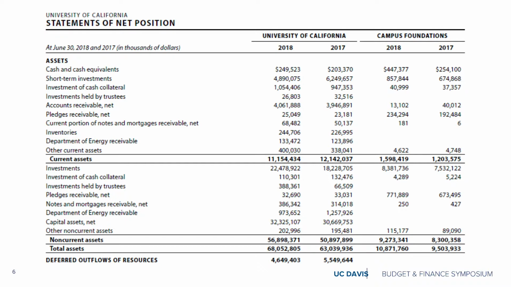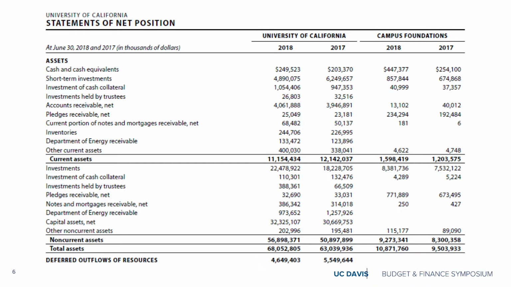We do have a large portion of long-term investments. But you can see, let me use my pointer, this $32 billion of capital across the UC system, and that's net of depreciation. So that's a lot. Non-current assets are the $56 billion there, and the total assets are $68 billion across the UC system.